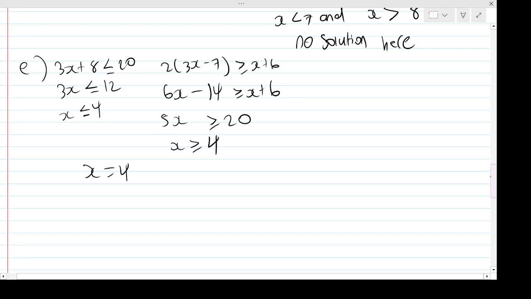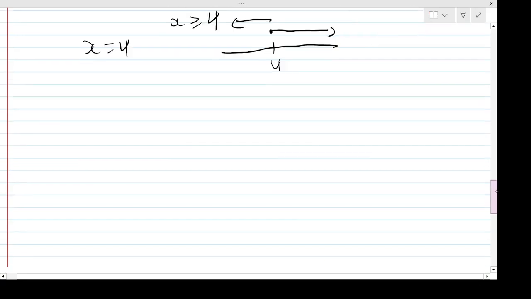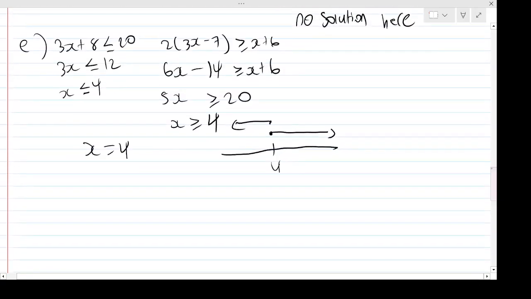Again, think about what the number line would be if you're struggling. So it has to be equal to 4 or more, but also equal to 4 or less. Well, the only overlap is actually a single point, 4. Which then means that the only solution is x equal to 4.